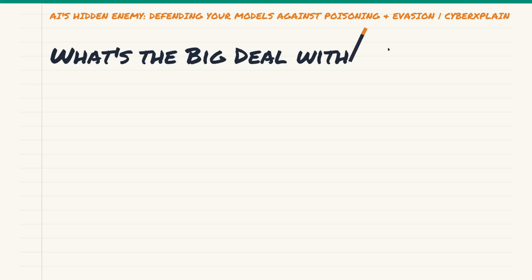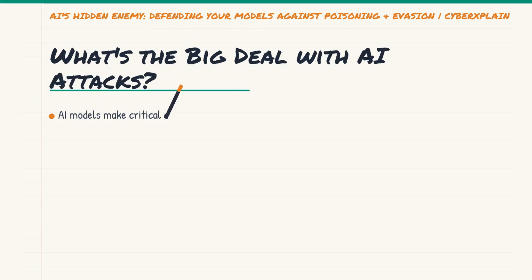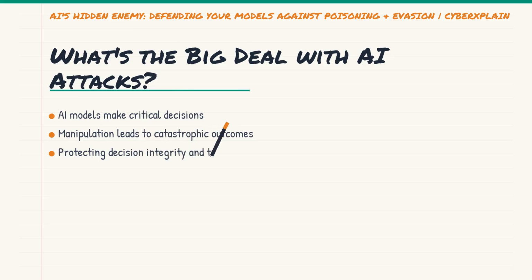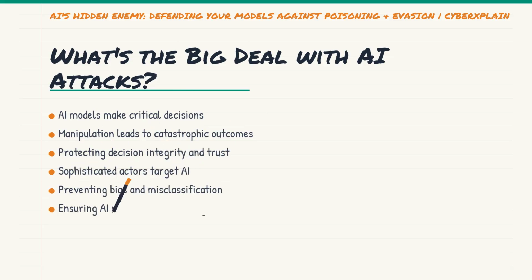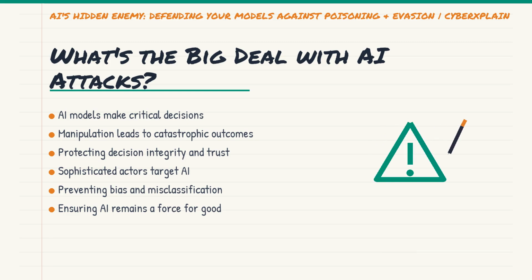You might be wondering, why should I care about securing an AI model? It's just code, right? Well, imagine an AI making critical decisions in healthcare, finance, or even autonomous vehicles. If that AI can be manipulated, the consequences could be catastrophic, far beyond just a system crash.